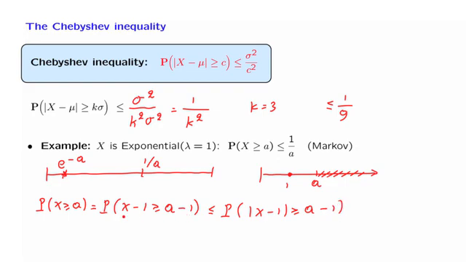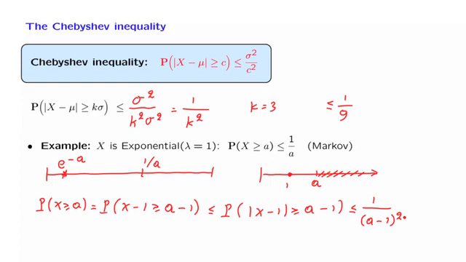This is because if this event is true, then that event will also be true. And now we can apply the Chebyshev inequality. Here we have the distance of x from the mean, so the Chebyshev inequality applied to the random variable x will have up here the variance of x, which is equal to 1, and in the denominator we will have a minus 1 squared.